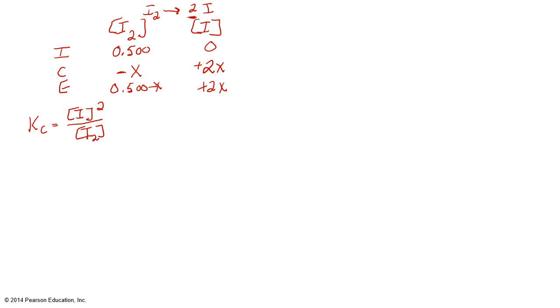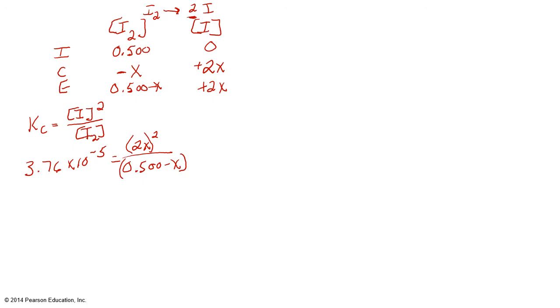We can plug those values in. So our equilibrium constant was 3.76 times 10 to the negative 5th. We have 2x squared over 0.5 minus x. Now again, we're going to have to simplify this.